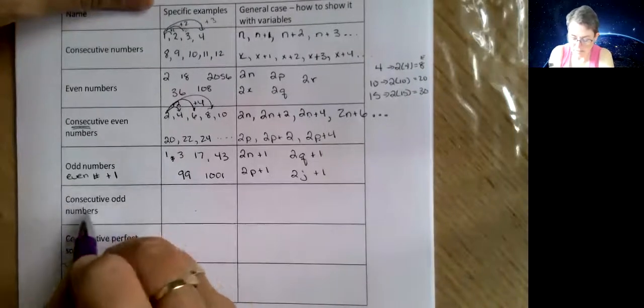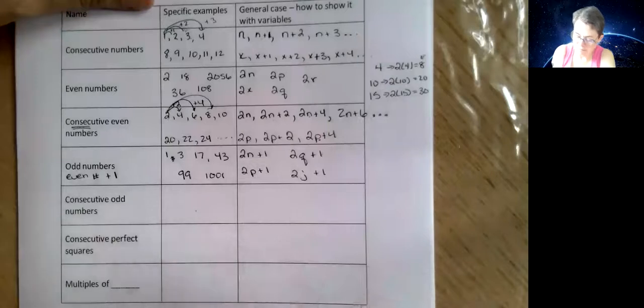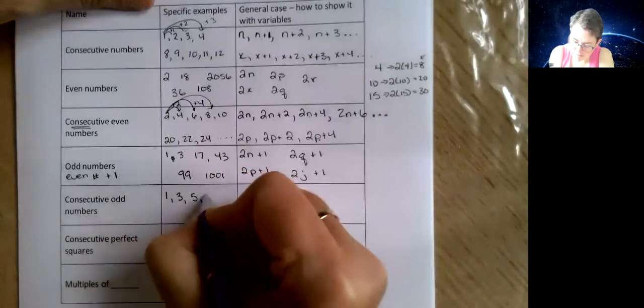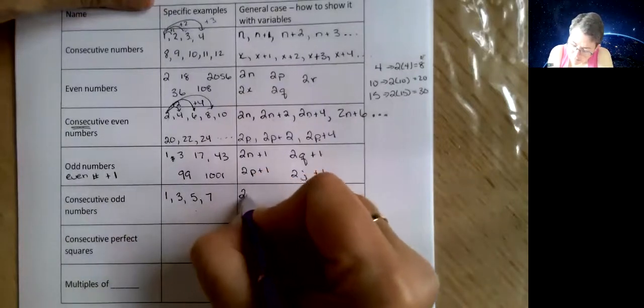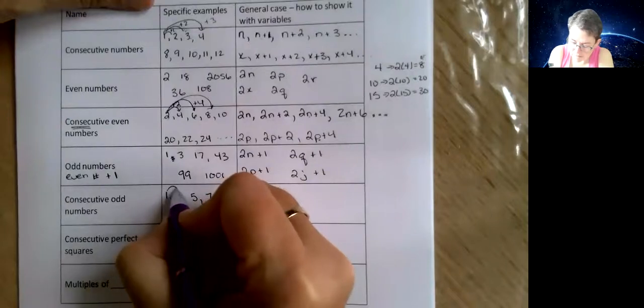All right, consecutive odd numbers. Just like up here, we're going to keep the same variable. But let's go 1, 3, 5, 7. So I start with an odd number, which is 2n plus 1. Now, to get from there to there, that's plus 2.